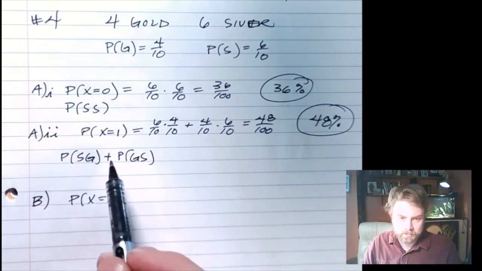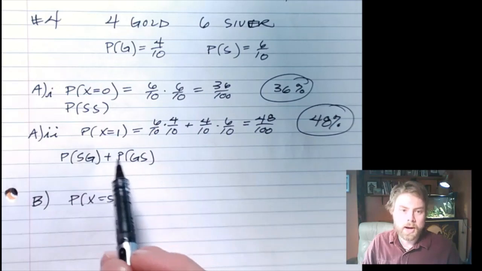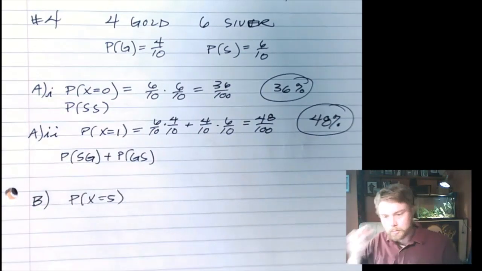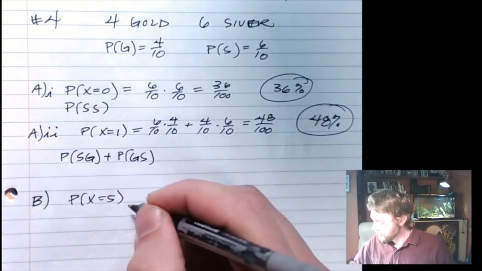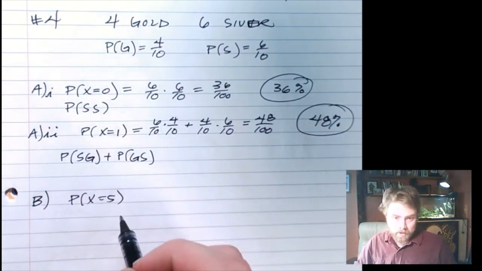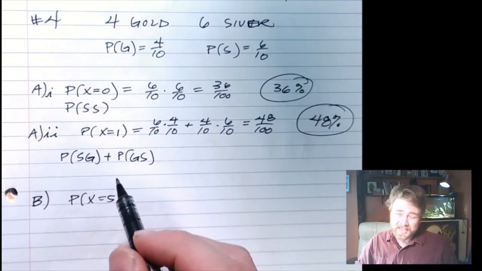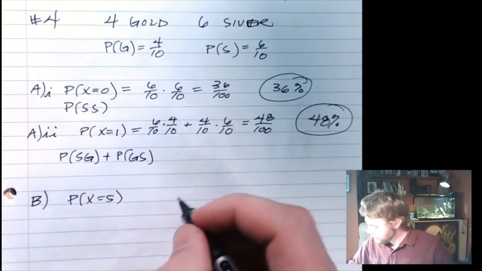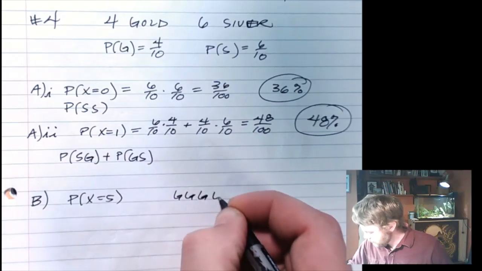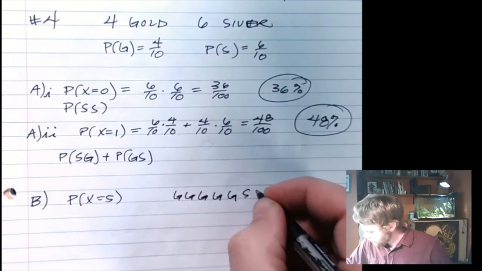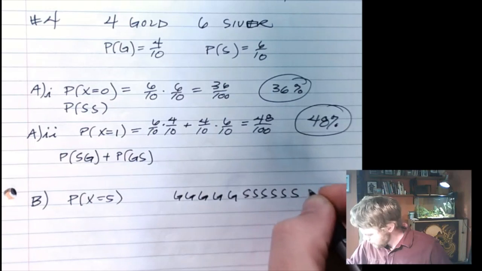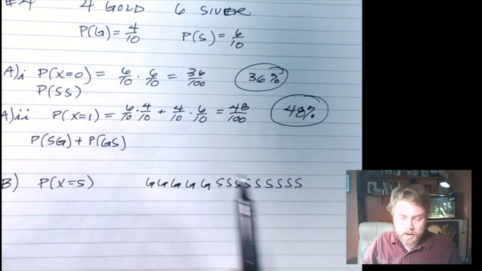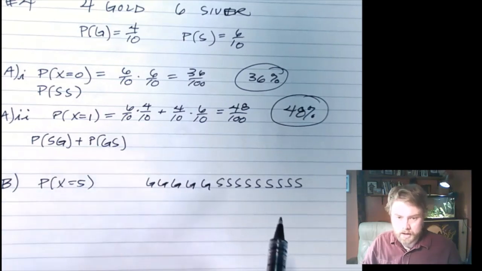So if you're doing 14, it's impractical to write it out like I was doing for part A. So now we have to be a little bit more savvy about doing our binomial probabilities. 5 gold, which means 9 silvers, and some, gold, in fact, 2, 3, 5. Okay, so the question is, how many ways can you scramble this up and still have 5 and 9?